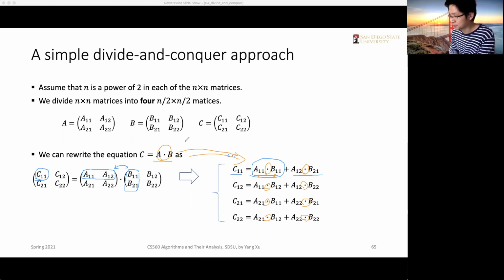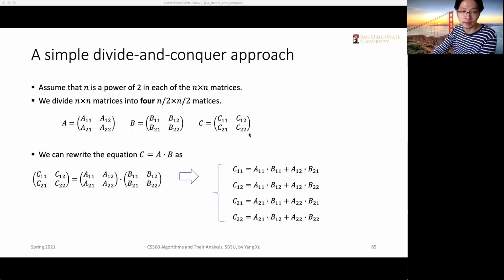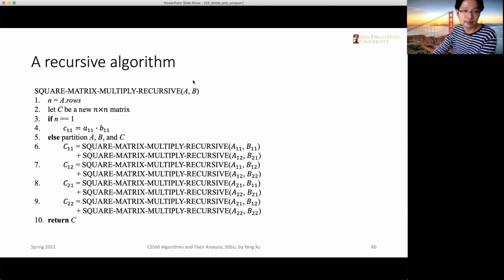We can write a recursive algorithm quite easily, given this decomposition. All right, let's directly give the solution. Look at the solution. The procedure that we write here is called square matrix multiply recursive, right?